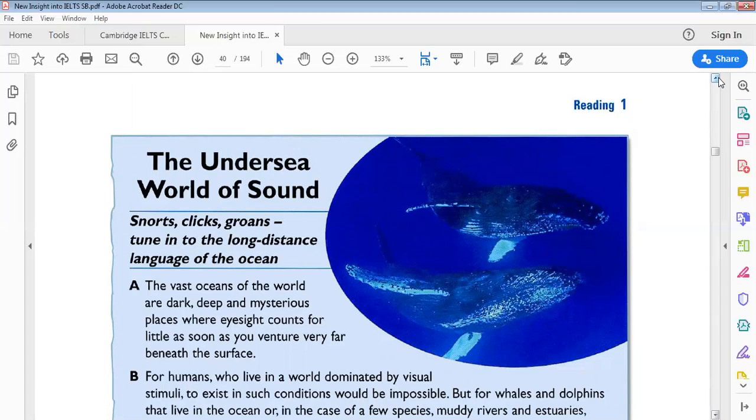So maybe it's about animals, I mean fishes which live under the sea. Maybe it's about animals such as dolphins or whales that live under the sea and make some noise, and that noise will maybe be described in this paragraph.